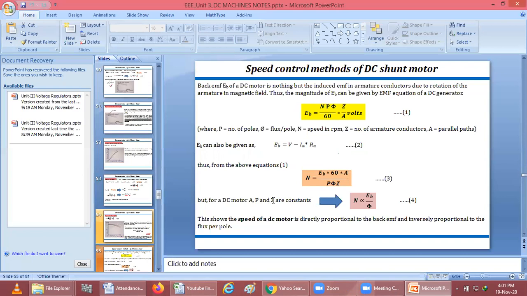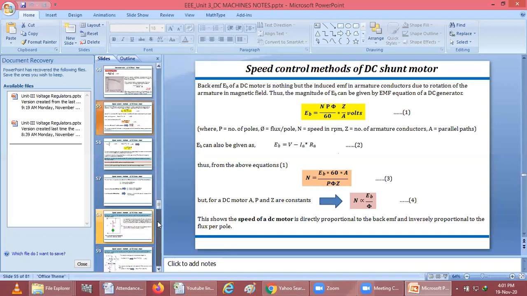If P, Z and A are constant terms, and 60 is also constant, you get N proportional to Eb upon phi. So you can say speed is inversely proportional to the flux and directly proportional to the back EMF. I have written here that the speed of a DC motor is directly proportional to the back EMF and inversely proportional to phi.